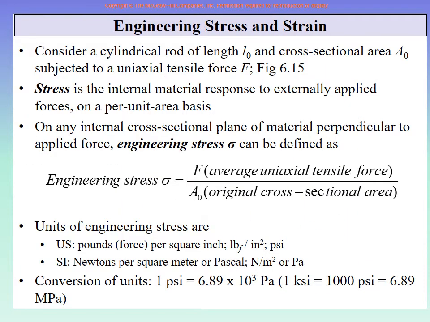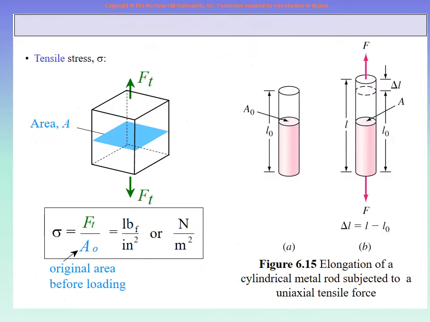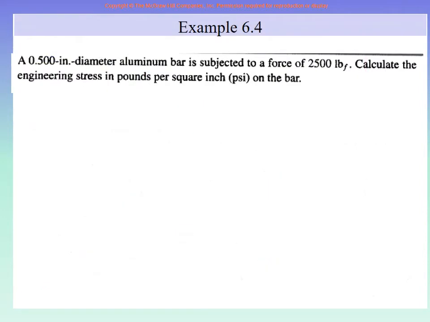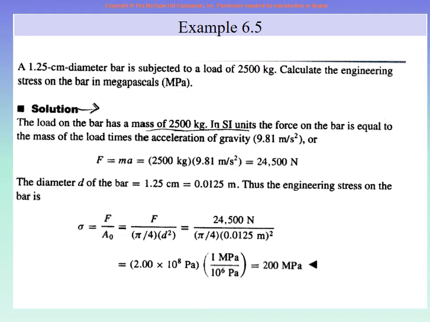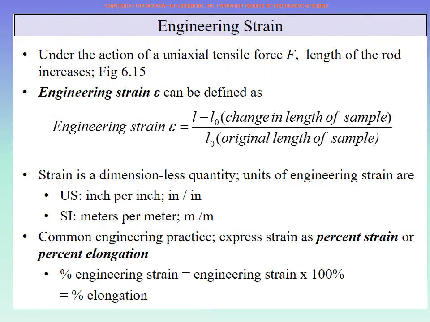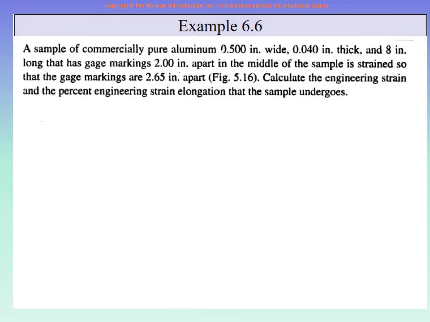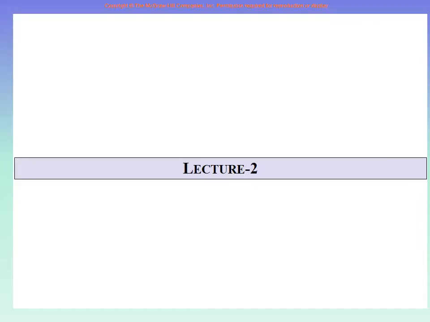Then we started talking of engineering stress and strain, the engineering stress definition, with examples, then engineering strain, the definition and the units, and then an example about engineering strain.